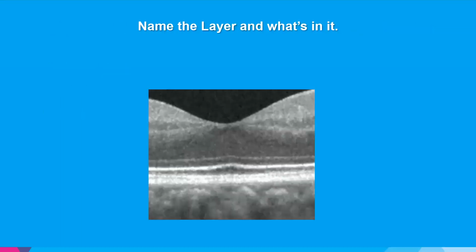Perfect. Here, we're going to name a layer again. And then you're going to tell me why it looks the way it does. Okay. This is a harder one, but you remember this particular kind of image, right? So we're talking about this layer, the thin one that we tend to peel. What is that? The internal limiting membrane. Correct. And what is it made up of? It's made out of glial tissue.